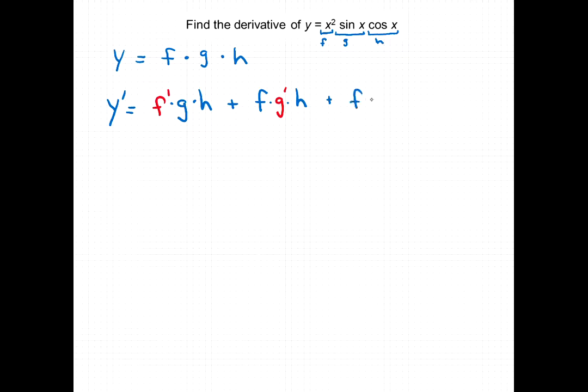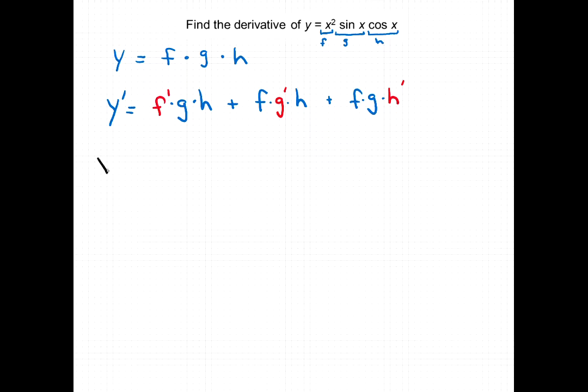Leave the f, leave the g, and take the derivative of the h. So each term contains one derivative and two functions. All right, and that's specifically the formula for the derivative of a product of three factors. But we could take this method and use it on a product of any length.